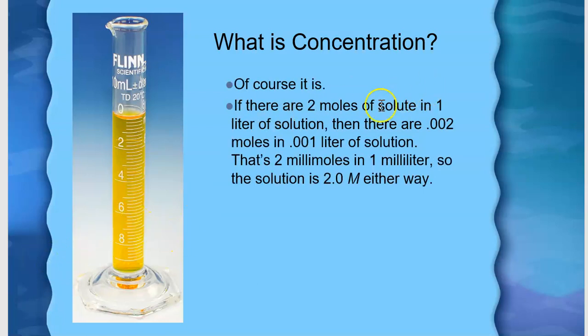If there are 2 moles of solute in 1 liter of solution, then there's 0.002 moles in 0.001 liter. That's 2 millimoles in 1 milliliter. So the solution is 2.0 molar either way. Sometimes it's just a lot more useful to be able to do some numbers in milliliters because most of our graduated cylinders are graduated in milliliters.